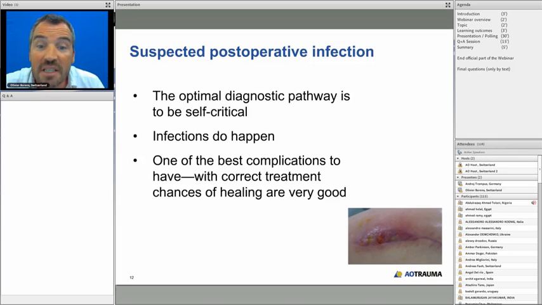But an infection by itself is not really a huge catastrophe, because if we deal correctly with the infection, if we take the patient to the OR, if we clean out the wound, if we give good antibiotics, if we do good soft tissue coverage, actually it is almost one of the best complications there is, because there are pretty easy ways of dealing with this infection and getting rid of it.